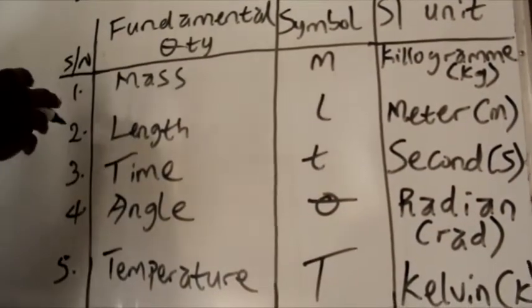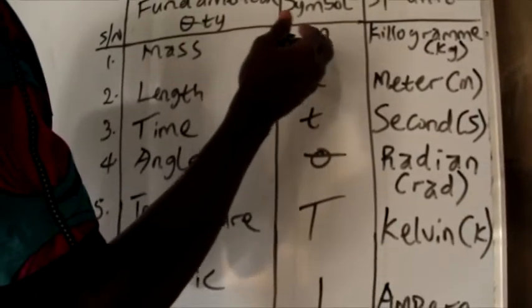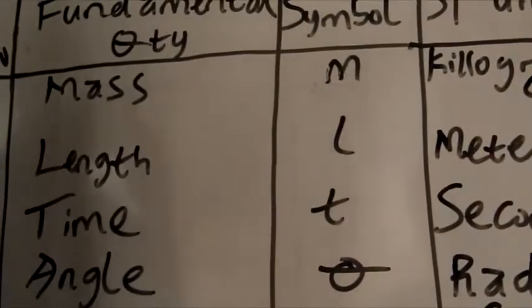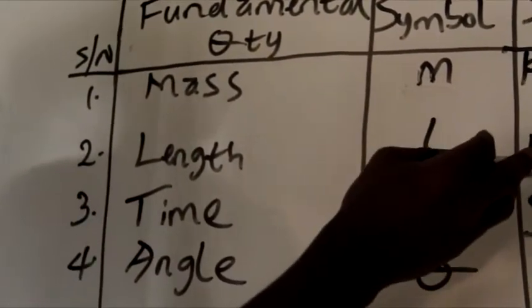So the first fundamental quantity here is mass. The symbol of mass is M, and the SI unit is kilogram, kg. Don't worry, we'll understand all these SI units in our video on unit conversion. The second one is length. The symbol of length is L, and it is measured in meter.